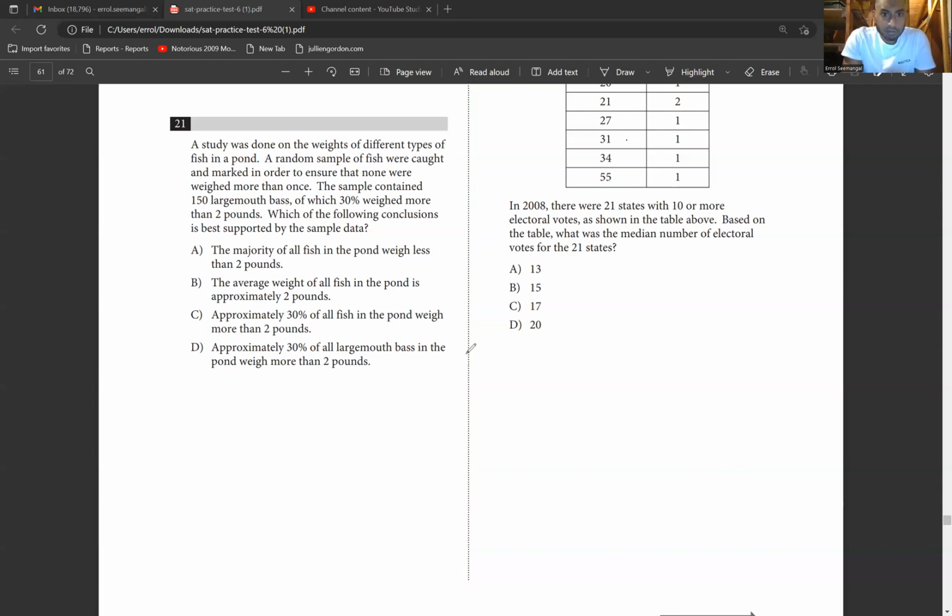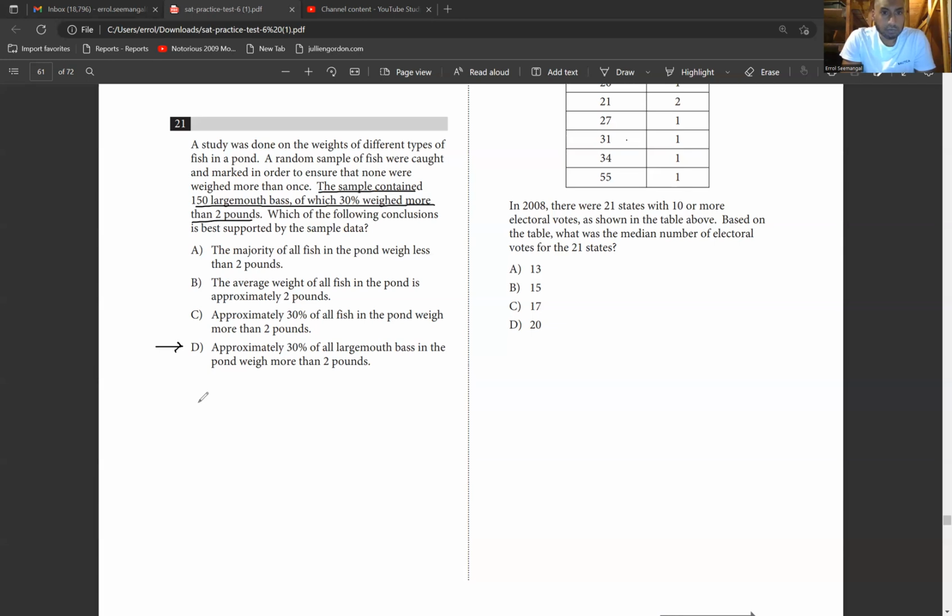Approximately 30% of all the largemouth bass in the pond weigh more than 2. Which one? B. Sample contained 150 largemouth bass, of which 30% weigh more than 2. You said B? I said D. D? Approximately 30% of all largemouth bass in the pond weigh more than 2.